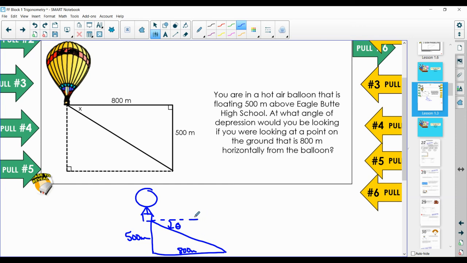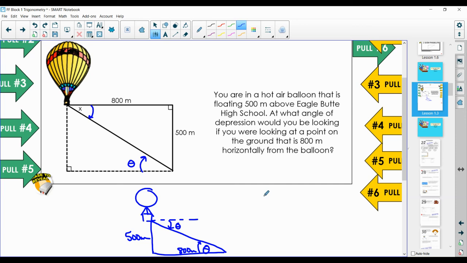And if you remember from our previous lesson, angle of depression is also equal to angle of elevation. So my angle of depression is looking down from the horizontal. My angle of elevation is looking up from the horizontal, but it makes that Z, so these are equal. So either one of these diagrams is accurate, and I can be calculating my angle of depression here. I can also be calculating my angle of elevation here.